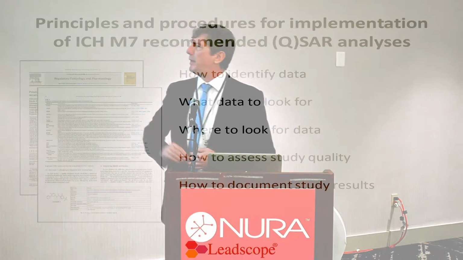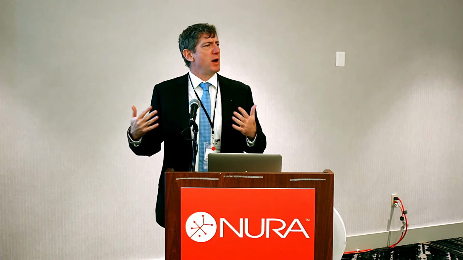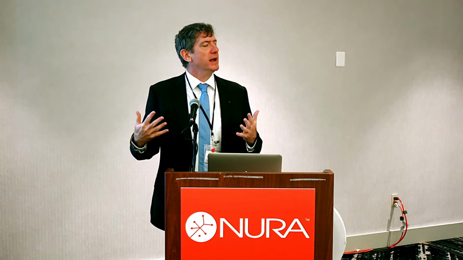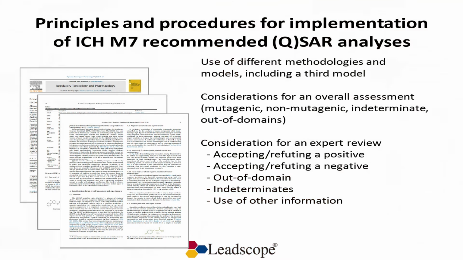We did a follow-on paper recently, and this was published earlier this year, because there were a lot more questions as it got implemented more and more, particularly around what does an out-of-domain mean, and how can we handle that information. So what we did was we looked at what's the risk of missing a mutagenic impurity based on an out-of-domain.